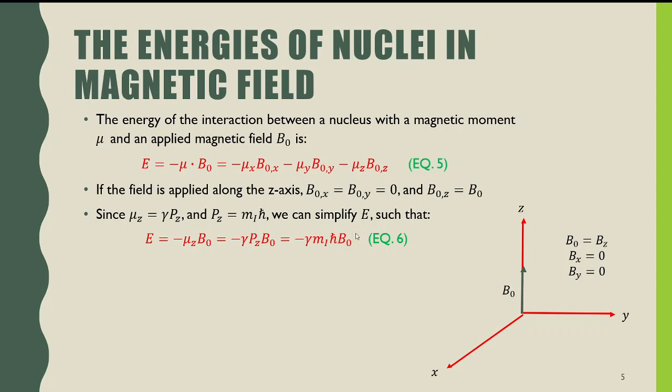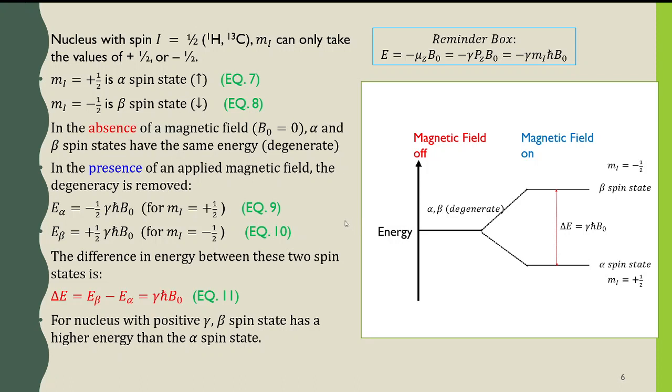Okay, right. Because our focus is on spin half, for example, the proton or carbon-13, since m can take the values from I to negative I, that means the values you will get for m here are plus half and minus half.